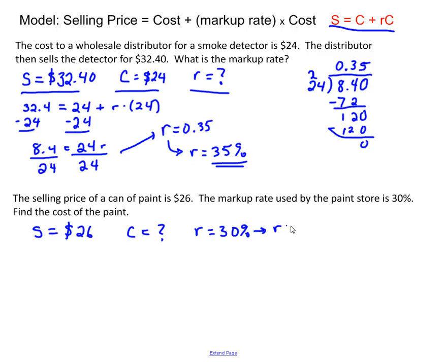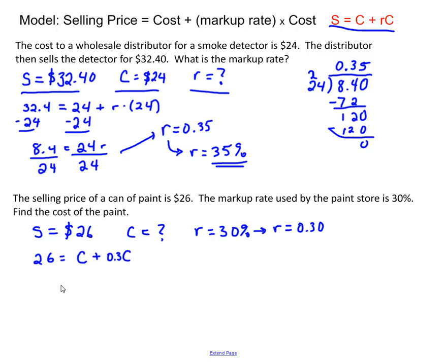So we're going to actually use 0.30, or just plain 0.3 for R. All right, so now we can substitute this into our formula. S equals C plus RC, so 26 is equal to C, which we don't know, plus 0.3 times C.